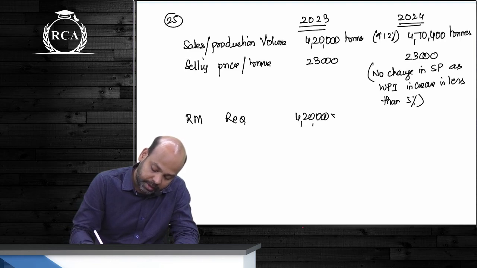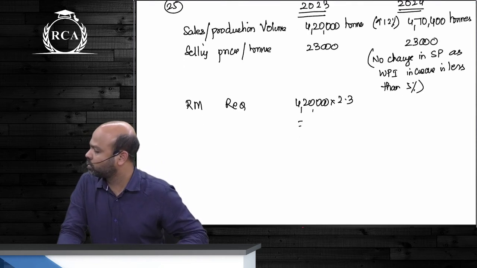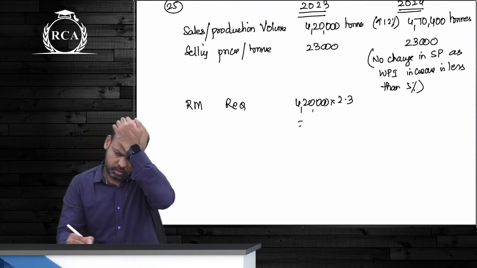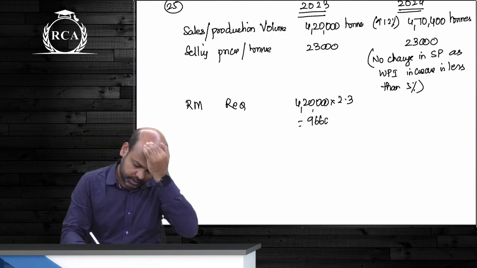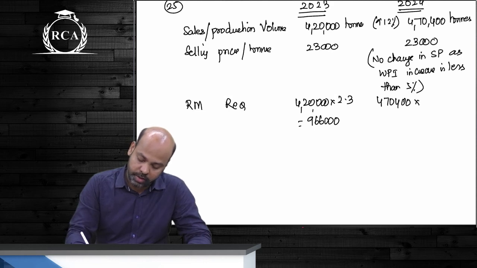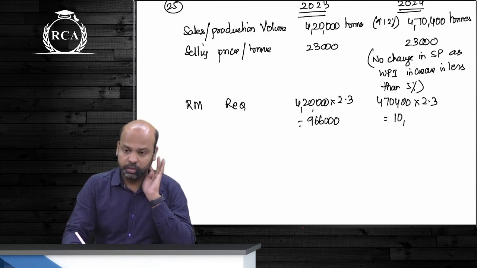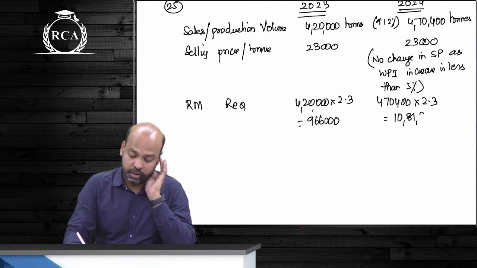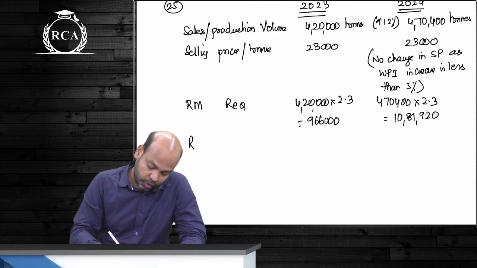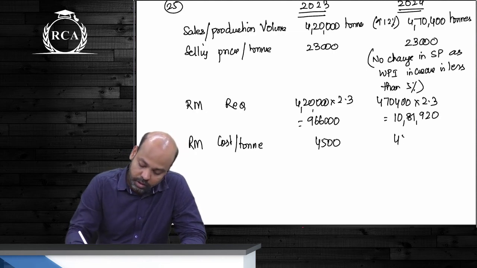What is your raw material required? 4,20,000 into how many tons, beta? 2.3. That is 9,66,000. Here 4,70,400, beta, into 2.3 is 10,81,000. What is your raw material cost per ton? 4,500.